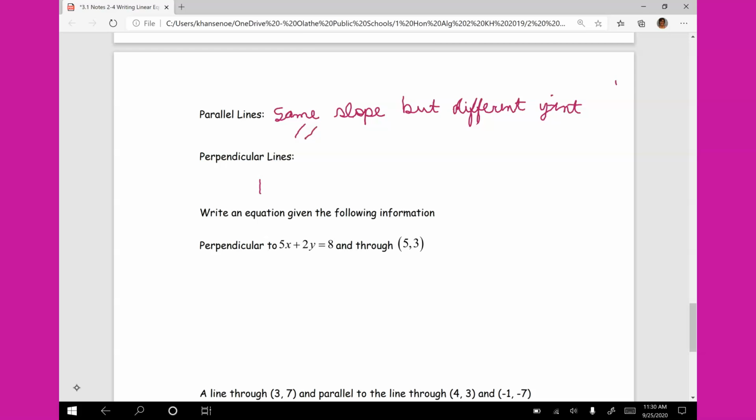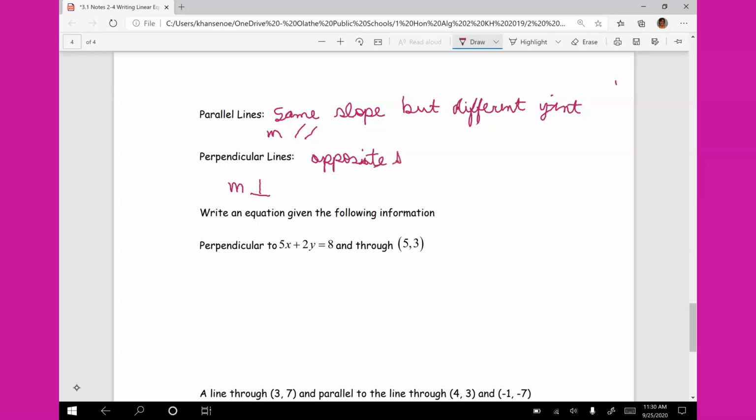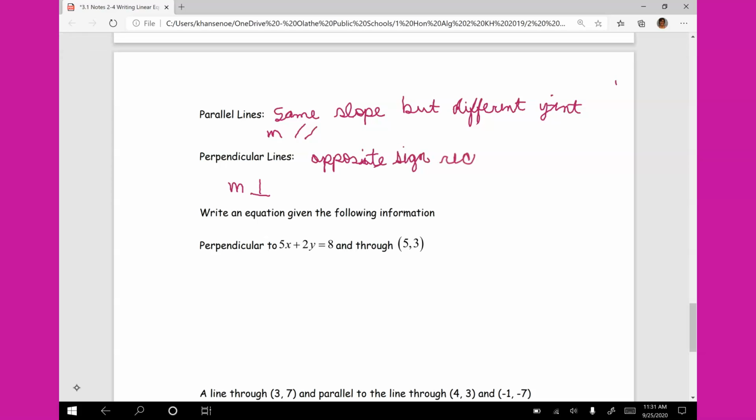Perpendicular, symbol upside down T. And this is opposite sign, reciprocal of number.